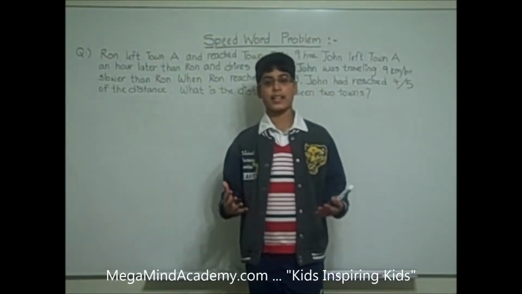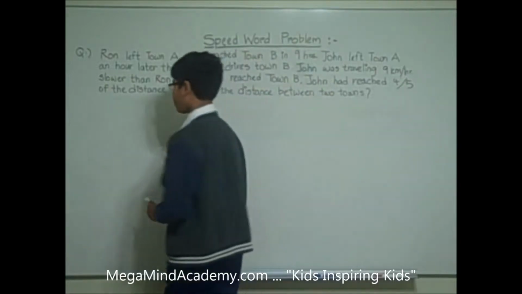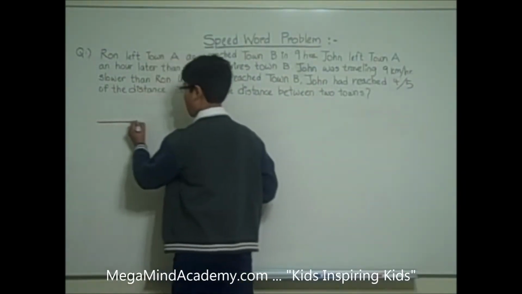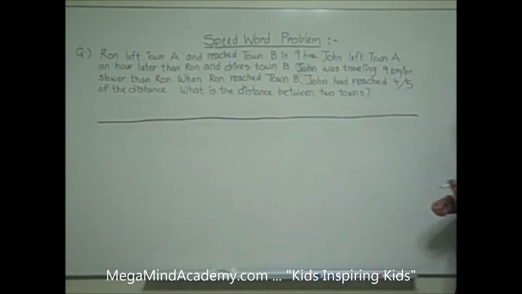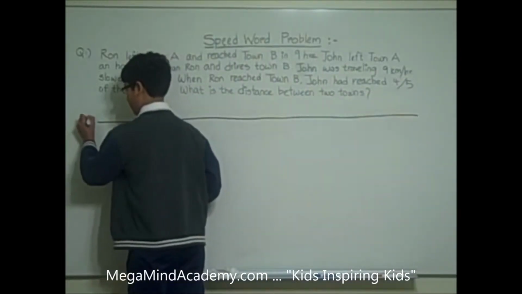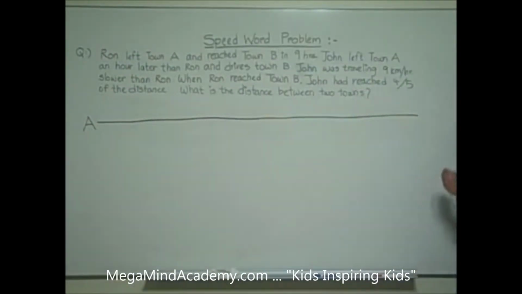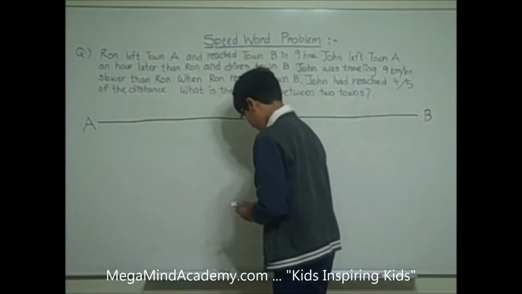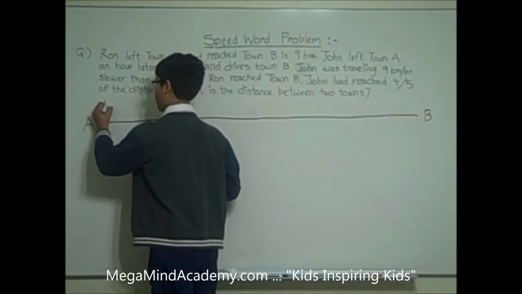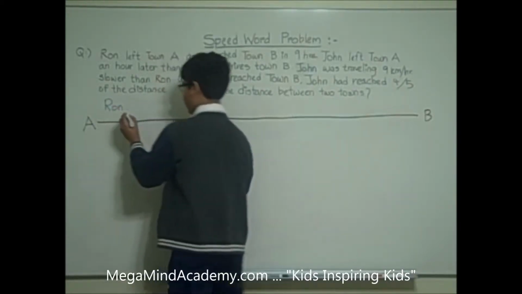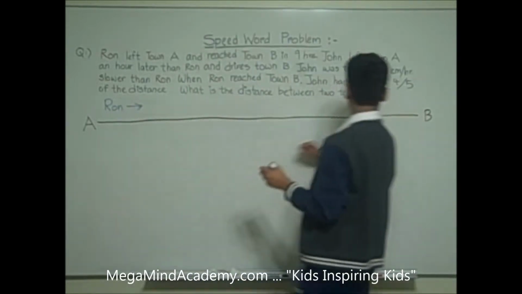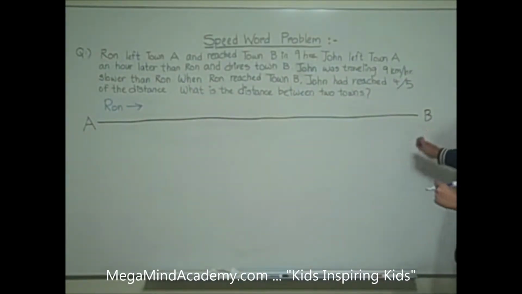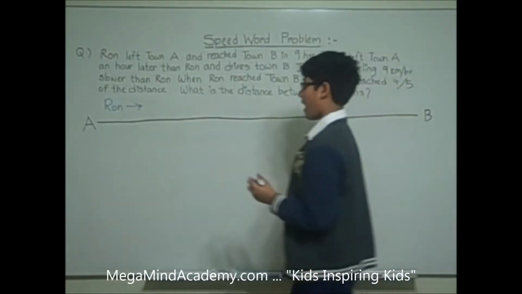Now let's draw the road that connects town A and town B. This is the road that connects both town A and town B. Here is town A, A for town A, and here is town B, B for town B. Ron left town A and traveled towards town B. Ron reached town B in 9 hours.